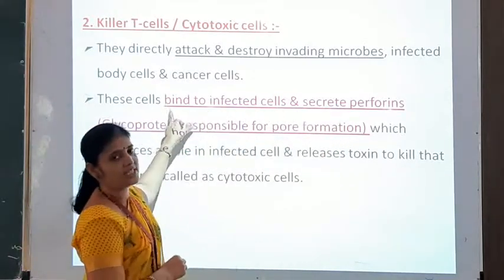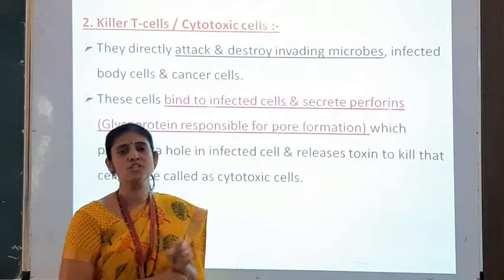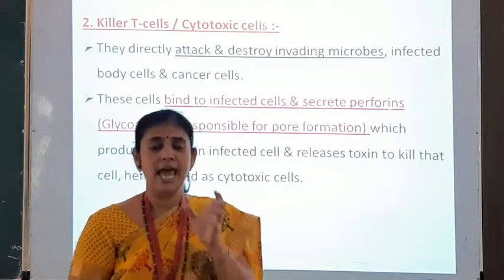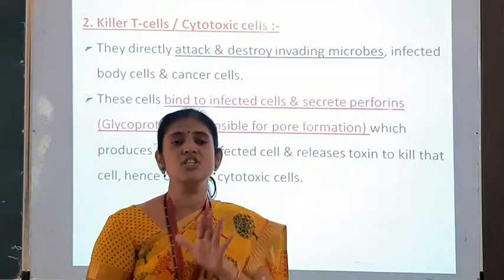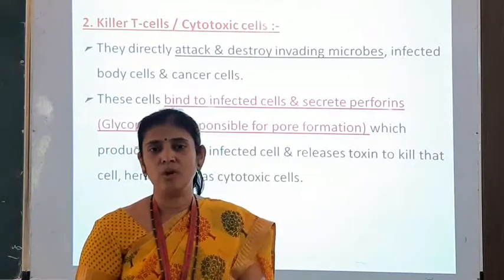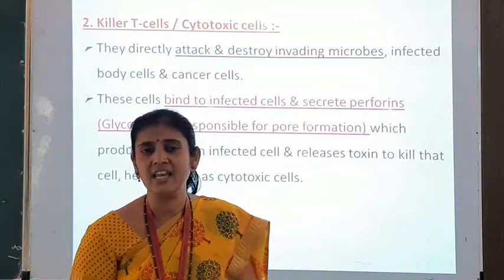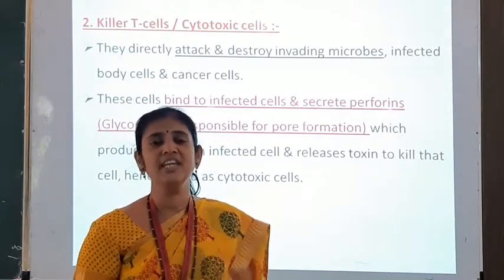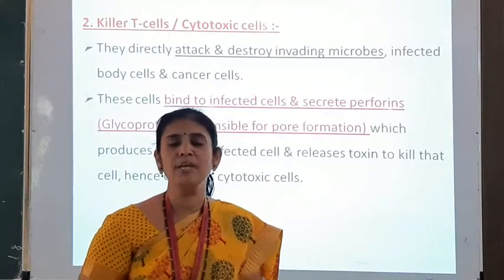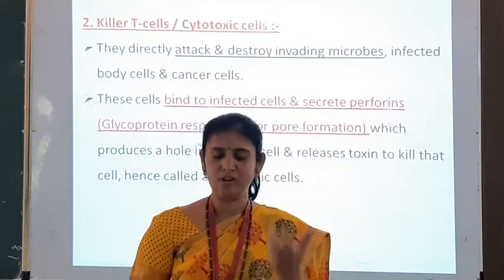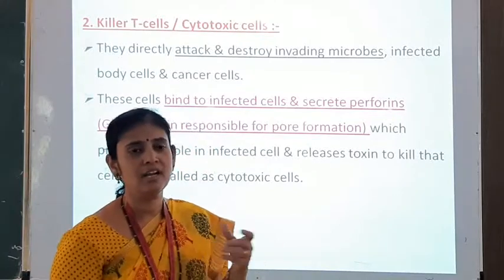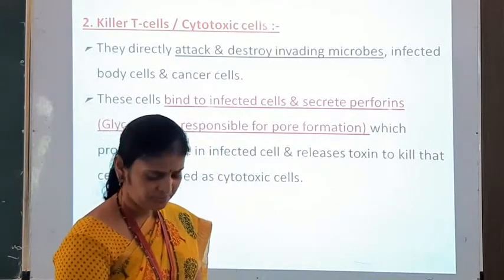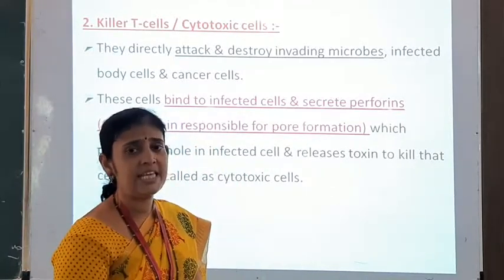This cytotoxic cell is responsible for the pore formation, and therefore this cell is responsible for destruction of infected cells or any invading pathogen, that may be a bacterial, fungal or viral pathogen. So this is the second type of cell, the killer T cell.